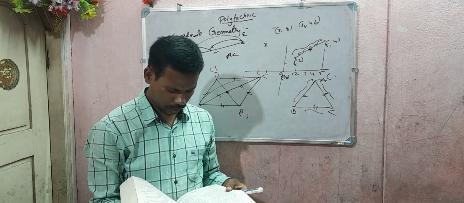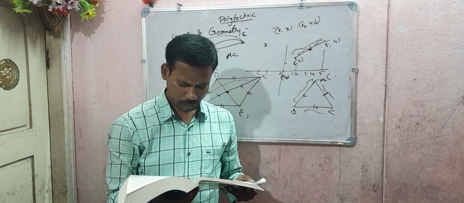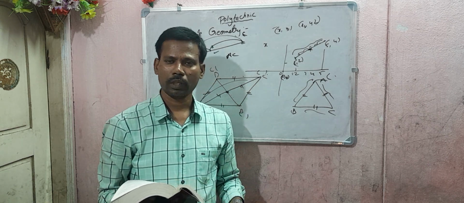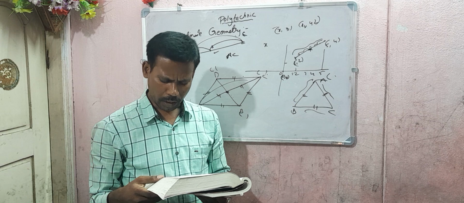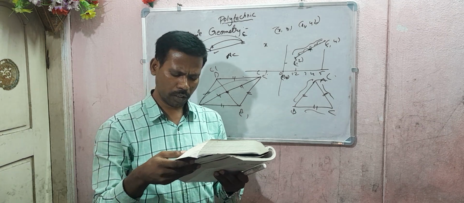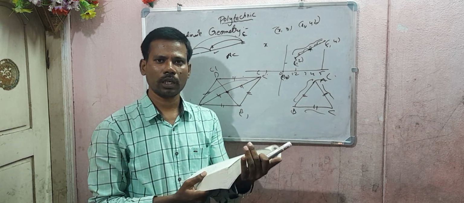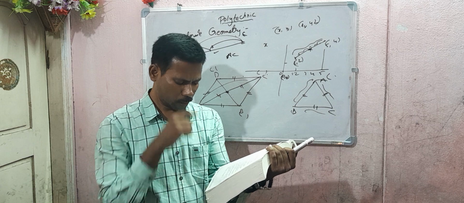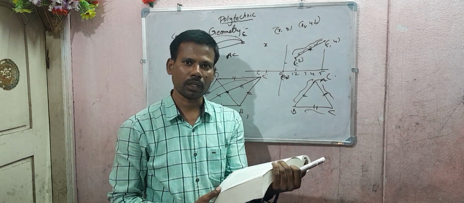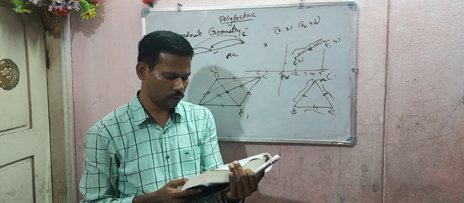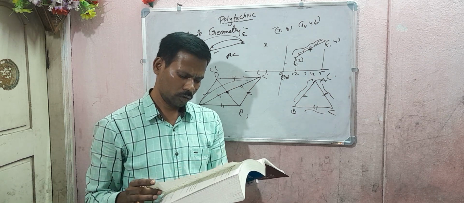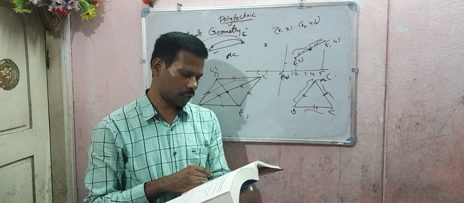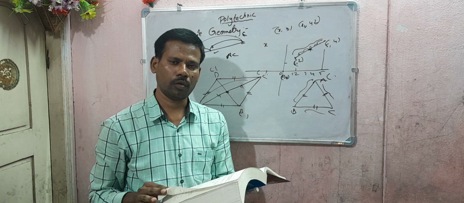Next, you need to know about the line joining the points in the ratio internally, and line joining the points externally. Those two formulae you should also know, but we will be discussing them in the next class. So for today, let us concentrate on the distance formula only.